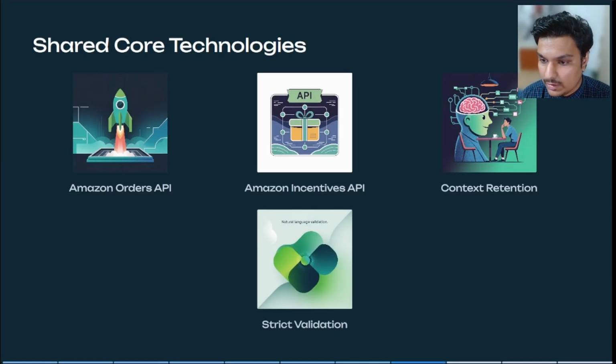is still being used on both the web UI and the email interface. It's essentially how we fill up the DynamoDB database with the valid orders. And there's the incentives API that we use to generate gift card codes. And there's context retention. The web interface retains context through a single session.